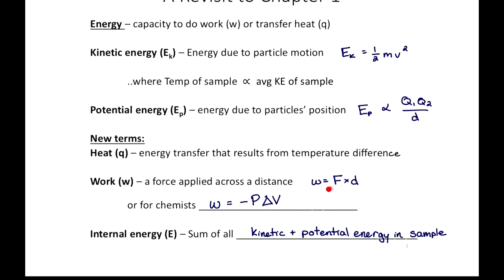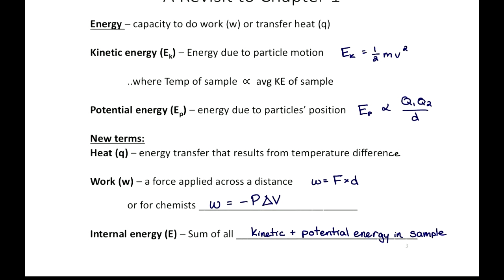So work equals force times distance. But for chemists, the equation that we use when we think about work being done by chemical reactions is typically from gases. Gases expand or contract. So when we think about work in terms of chemical reactions, we actually think about changes in volume against an external pressure.